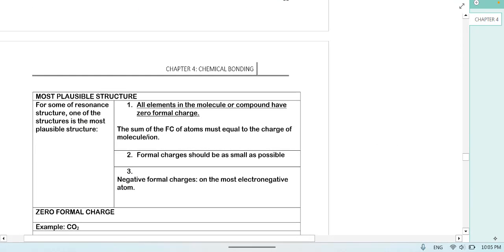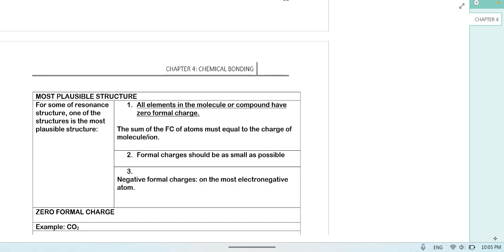However, there are some resonance structures that have a most plausible structure. Plausible has the same meaning as possible. Okay, maksudnya adalah ada satu structure tu dia dominant. Wujud banyak sikit. Okay. So how to choose which one is the most plausible structure?